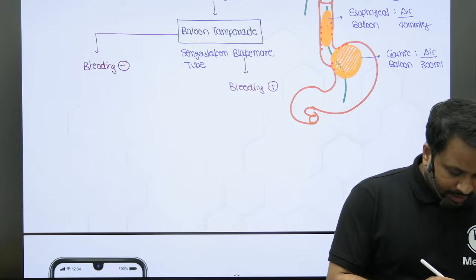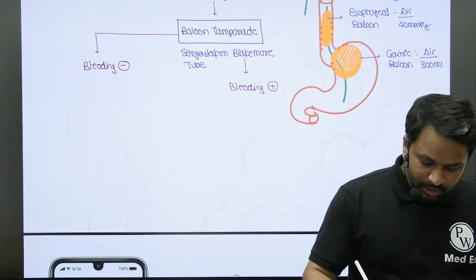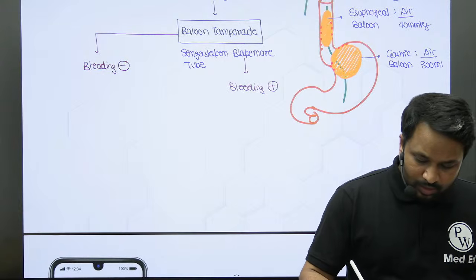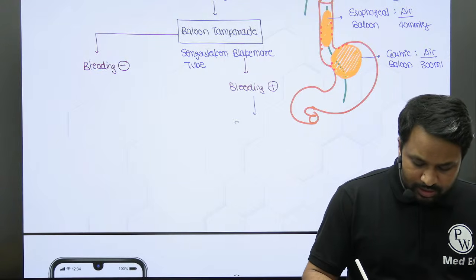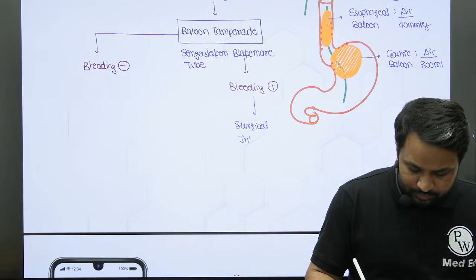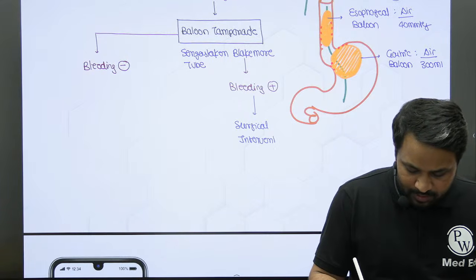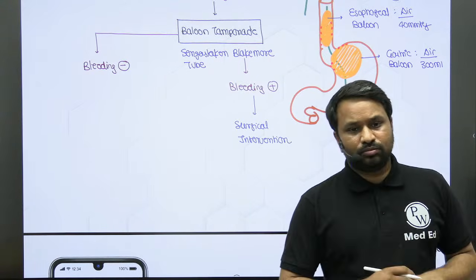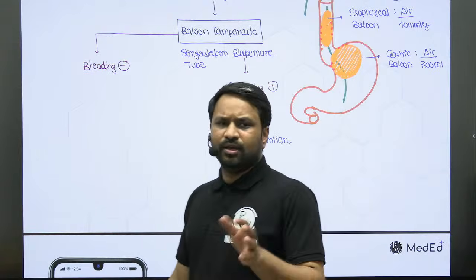If bleeding continues, or persists, or there is a rebleed, the only thing left is surgical intervention. We'll talk about it. What is the surgical intervention? If it continues to bleed, then you have to create a bypass shunt.